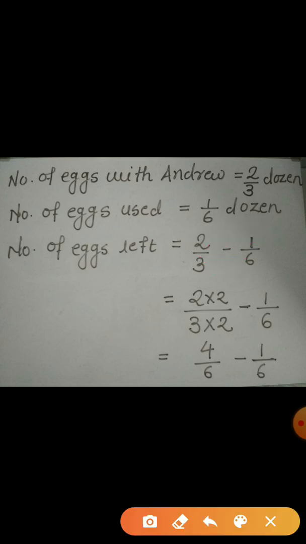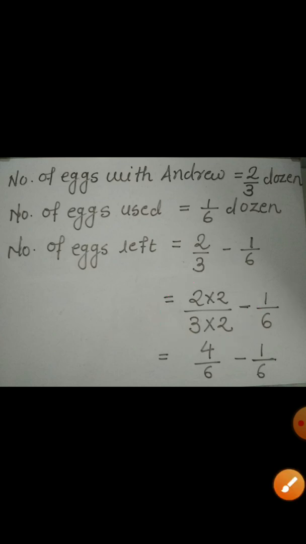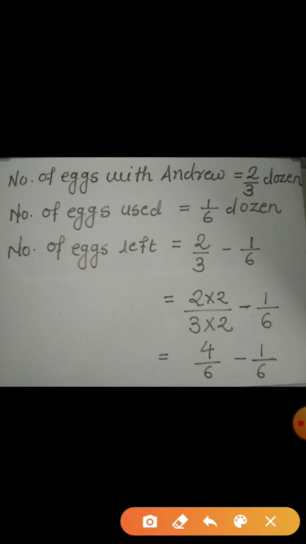So you can see here in the first fraction, I have multiplied the numerator and the denominator by the same number 2, and I copied the second fraction as it is. After solving, what we will get? 4 by 6 minus 1 by 6. Now 4 by 6 and 1 by 6 are like fractions as they are having the same denominators.